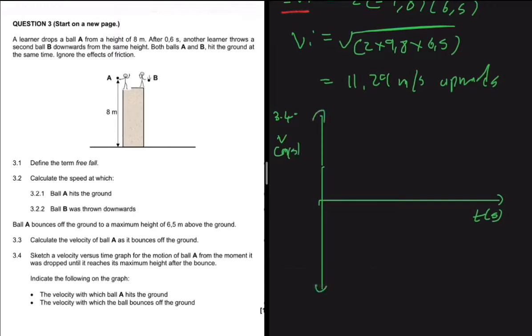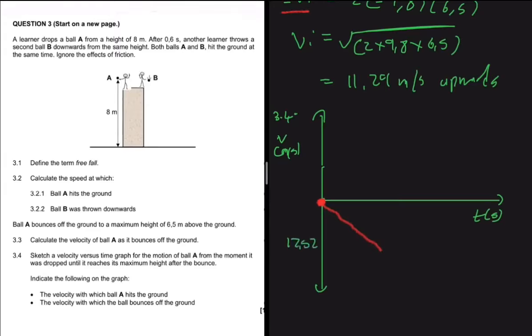And then our starting point, the ball is being dropped, right? So we must start with a velocity of 0, and then after that it starts going down, and then its velocity is increasing. So since we take up as positive, we must have something of this manner, right? And then it's going to strike the ground at 12.52 meters per second, right?